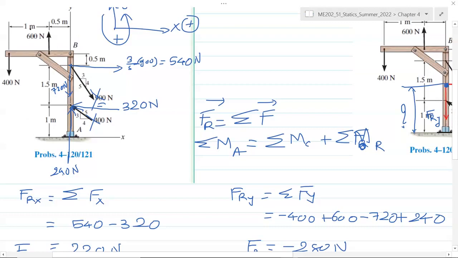And 400 multiplied by this distance, which is 1.5, is counterclockwise, so it's positive.